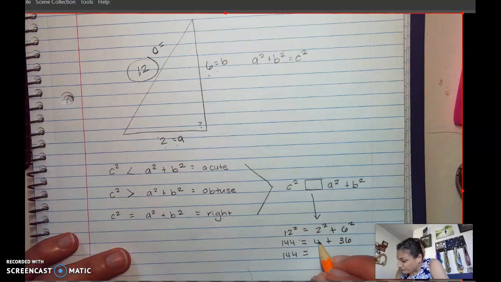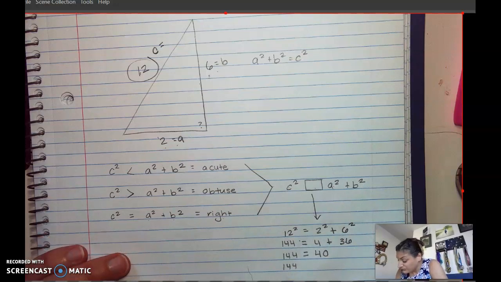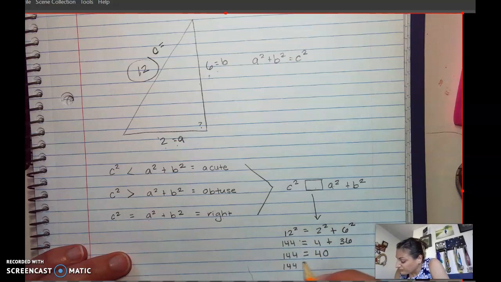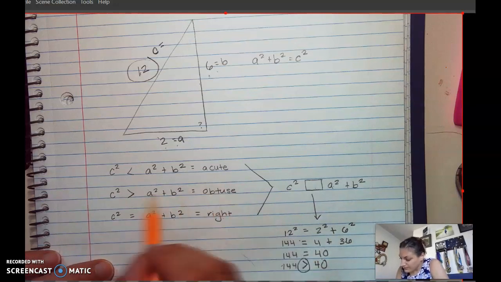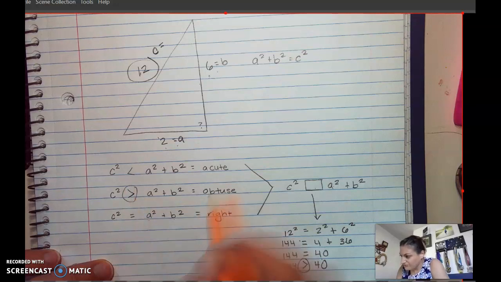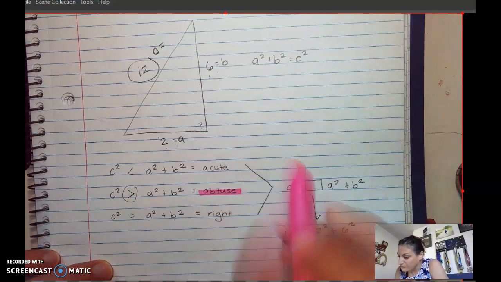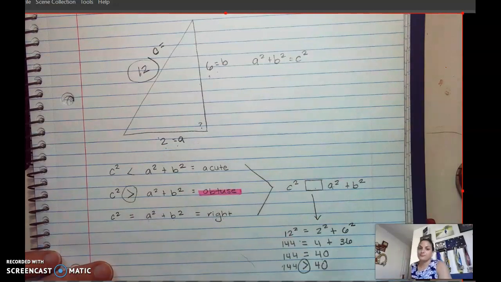So you add the 4 plus the 36, which is 40. Is 144 greater than, less than, or equal to 40? Obviously, 144 is not equal to, but it's greater than 40. Because it is greater than, this triangle is an obtuse triangle, meaning that one of those angles is an obtuse angle.